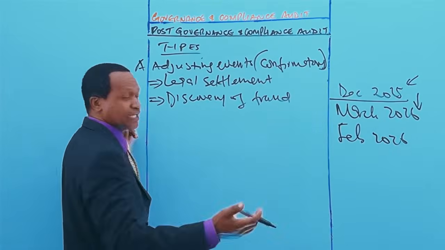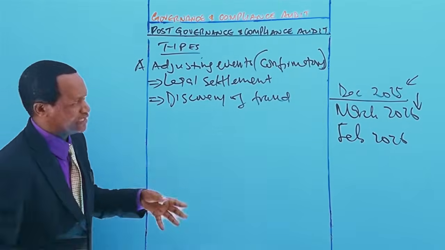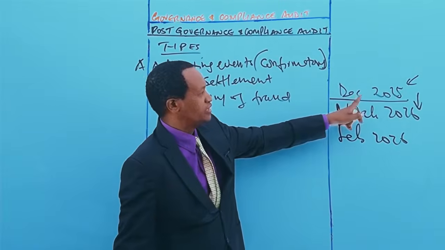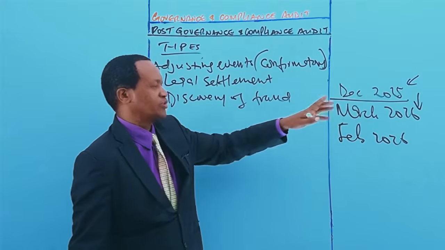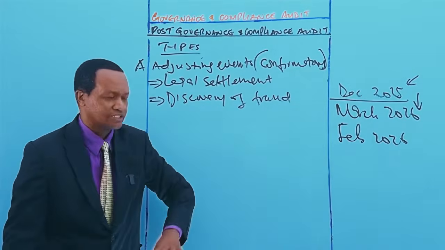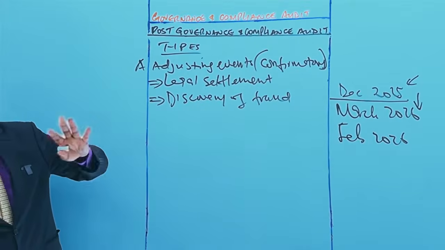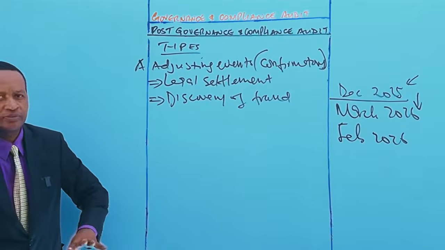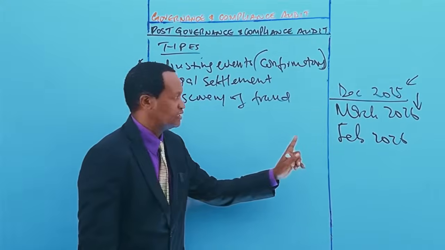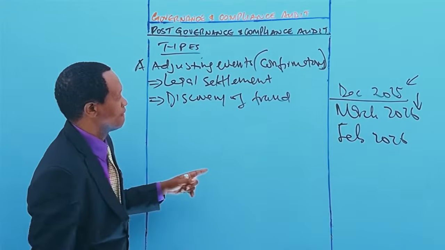The fraud could be a kickback scheme that was operating secretly during the audit period, but it has been discovered in February 2026.